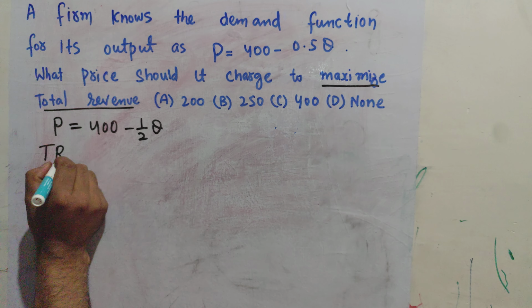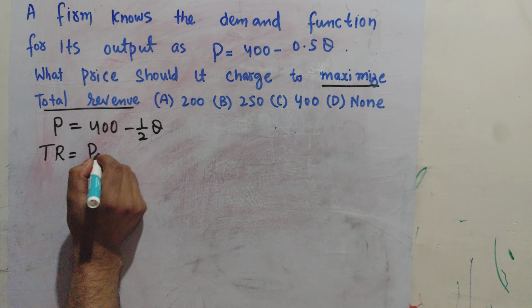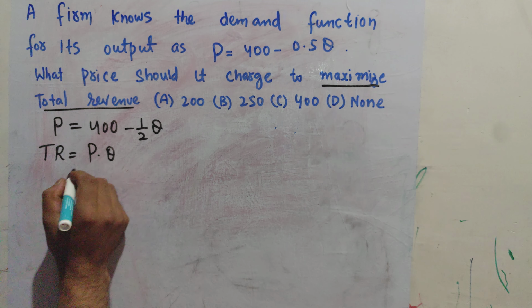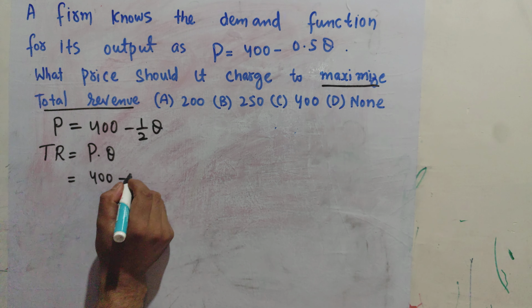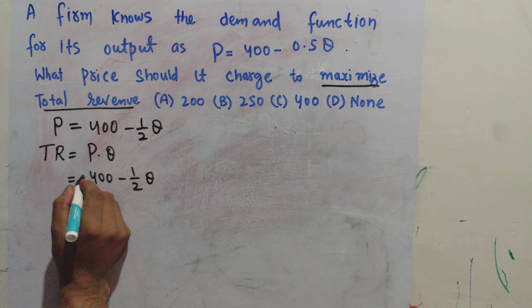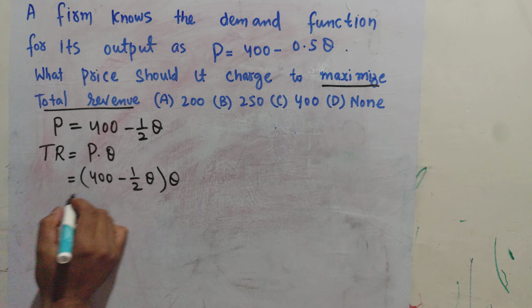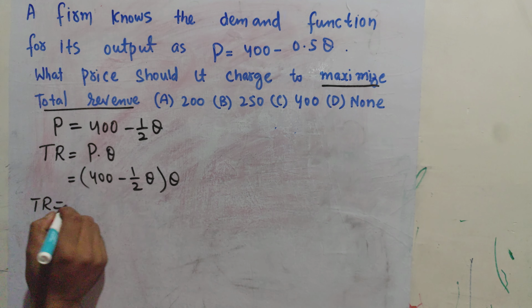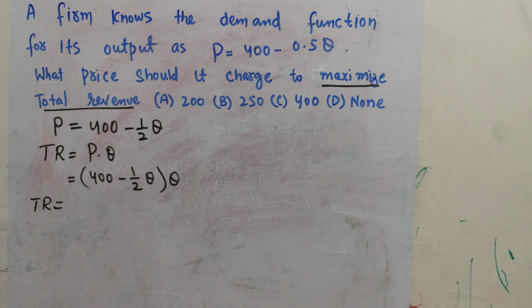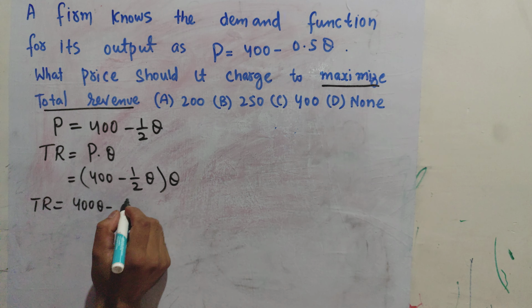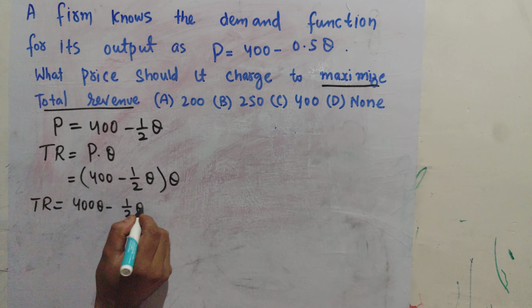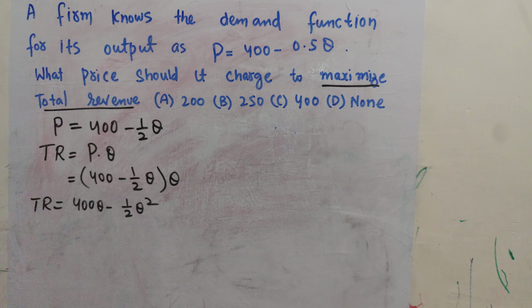Total revenue, as we know, is equal to price into output, which will be P, this very function, 400 minus 1 upon 2Q, multiplied by Q. Multiplying Q to each of these terms, we get 400Q minus 1 upon 2 Q square. This is our total revenue function.